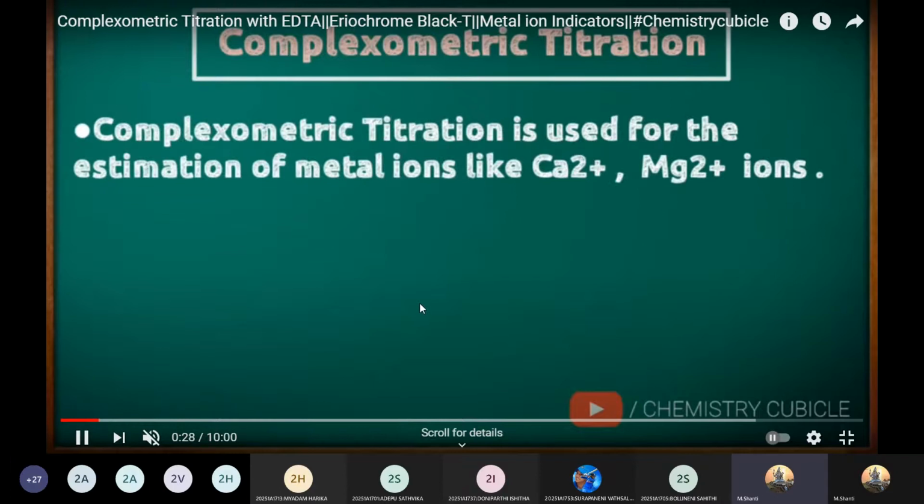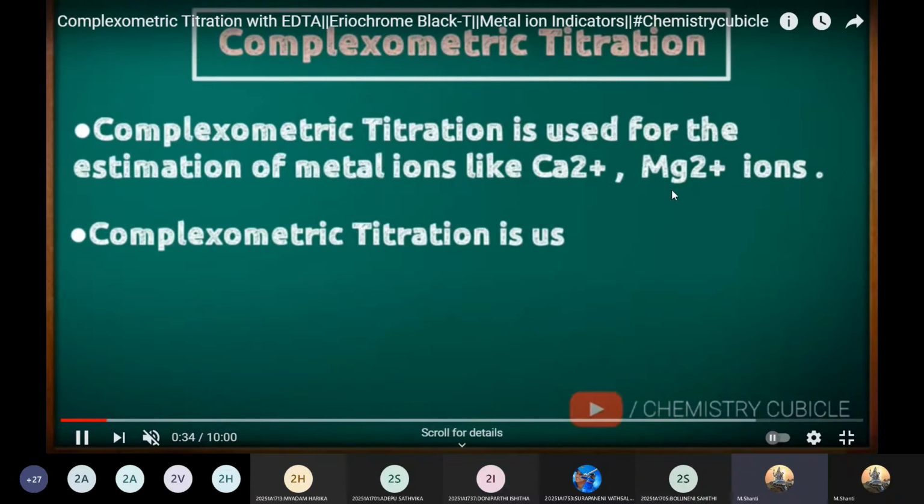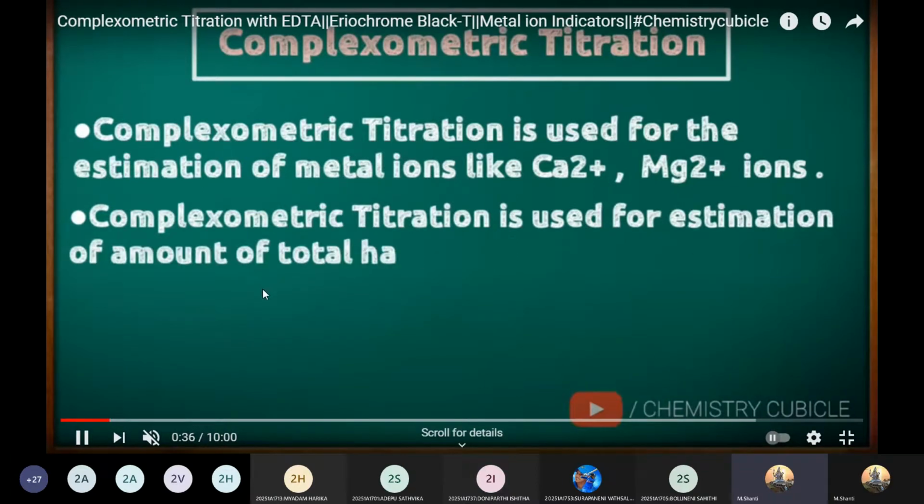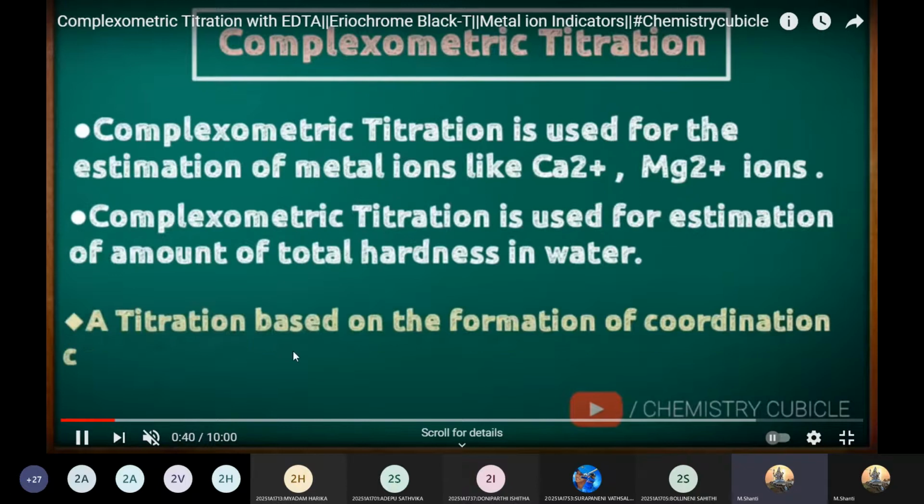You know very well that complexometric titration is mainly used for the estimation of metal ions, those are your calcium and magnesium ions. Not only that, you can also estimate the total hardness.